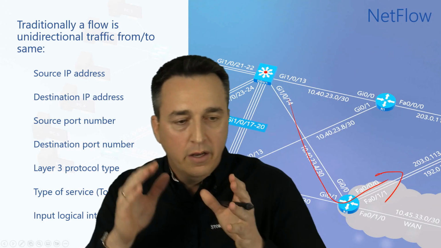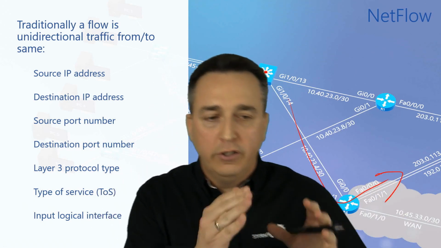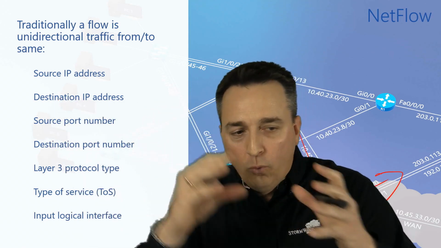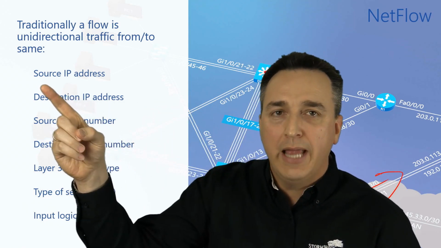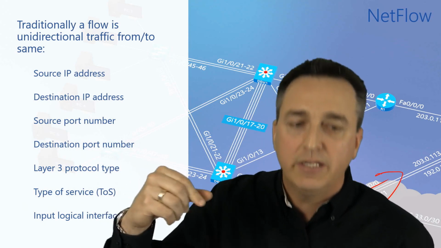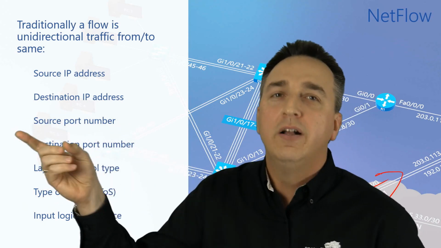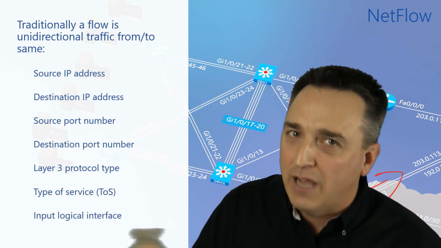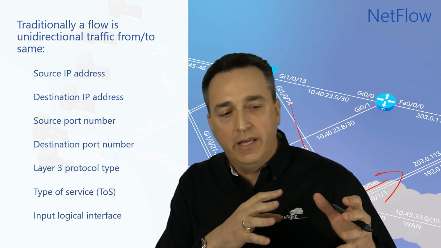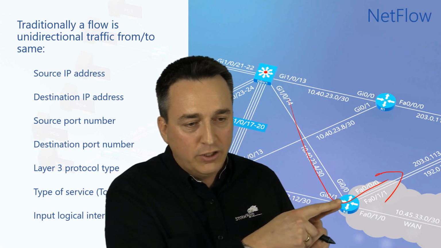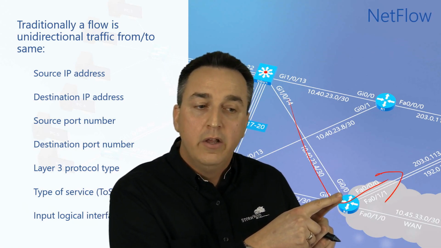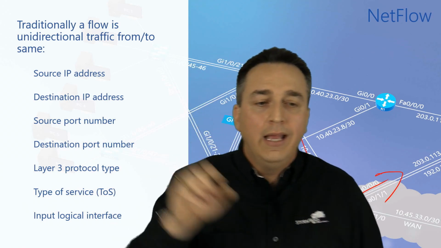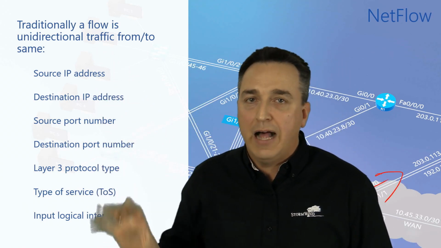So traffic going one way, unidirectional, and it's going one way from the same source IP to the same destination IP, the same source port, the same destination port, the same layer 3 protocols being used, same type of service markings, and it's arriving in on that same input logical interface, for example, like you see here.